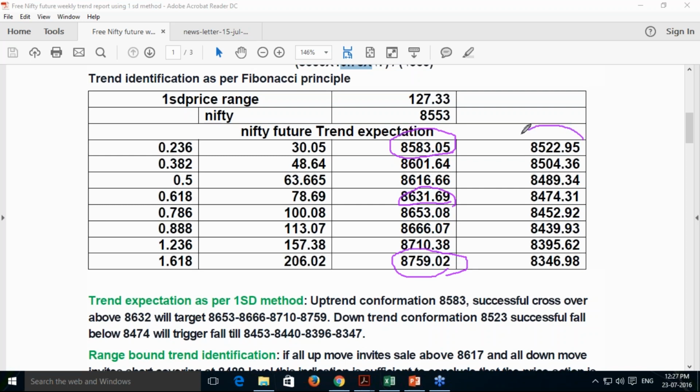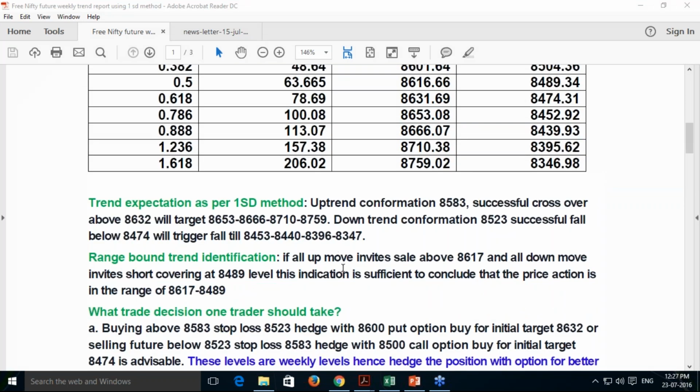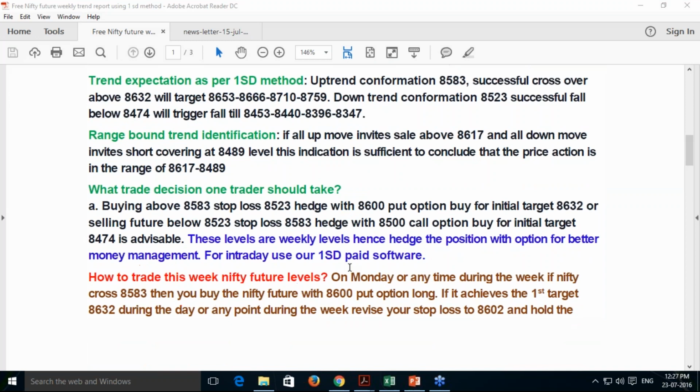Similarly, the downtrend starts with 8523 and it has the probability to take you to 8474, until 8346 you can expect. And I have also given an elaborate explanation of the trend expectations and the range-bound trend expectation. But one very important fact I am going to tell you here.